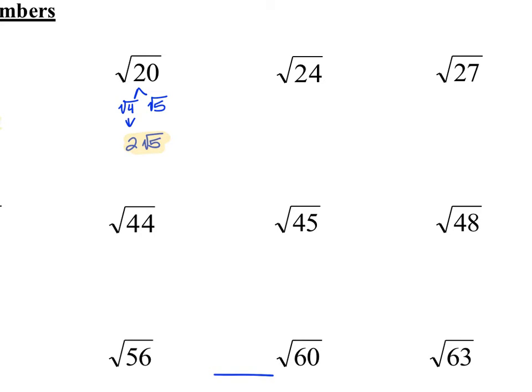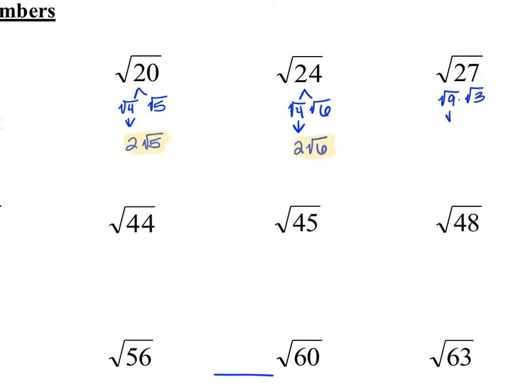For the square root of 24, I know this one would be the square root of 4 times the square root of 6. The square root of 4 is 2, and the root 6 does not simplify, so we have 2 root 6 as your final answer. For the next one, the square root of 27, that one would be the square root of 9 times the square root of 3.